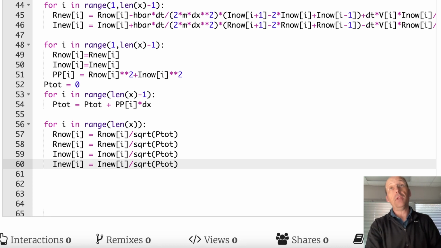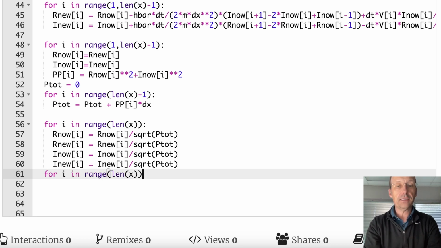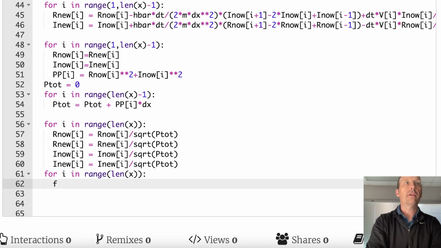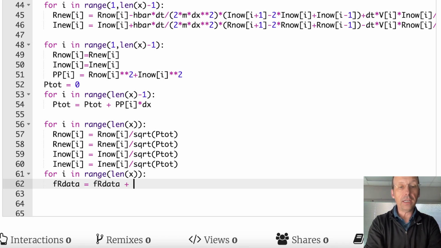Now I need to plot the stuff. So I'm going to go through and add all my values to my plotting list. Let's just do it again. For I in range length of x, fr data, that's what I called it, equals fr data plus my x and y values.